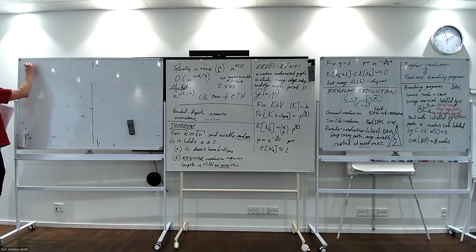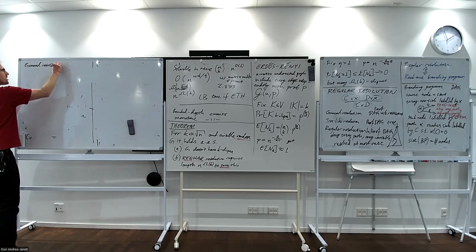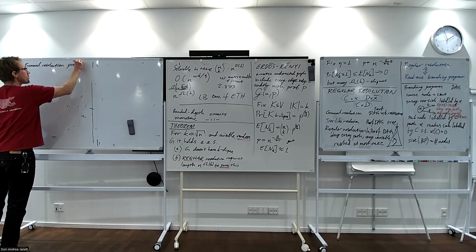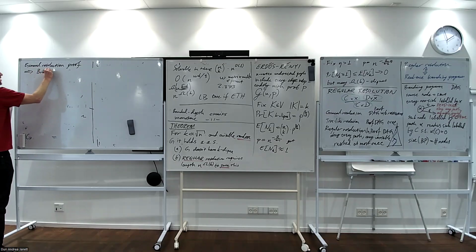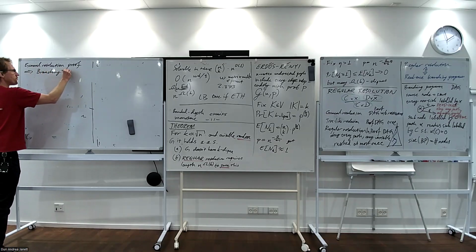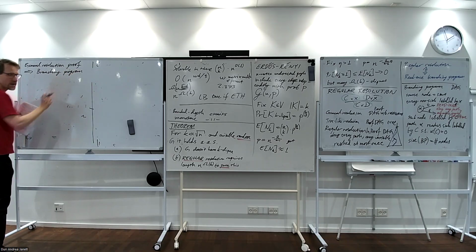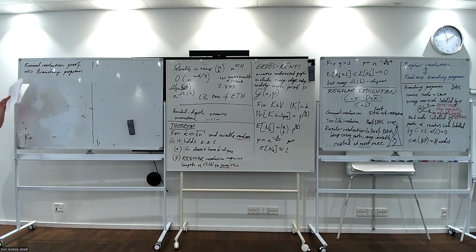So I claim that if someone gives you a good general resolution proof, that gives you a branching program of the same size. How do I do this? Well, my start node is contradiction. I flip the direction of all the edges. What variables do I query? The variables resolved over. So it's clear now that any path is going to hit an axiom.